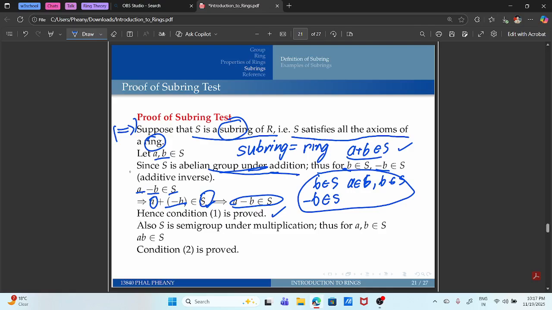Now we will see condition number 2. We have to prove a times b belongs to S. Since S is a semigroup under multiplication. What does it mean, semigroup under multiplication? It means that it is closed under multiplication.